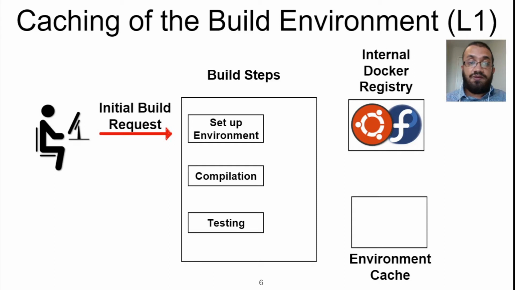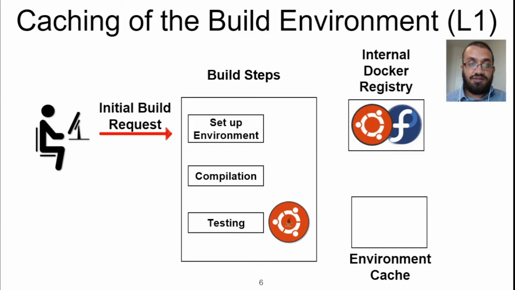When an initial build request is received by Kotinos, it gets an OS image as specified in the CI configuration and installs all the language toolchains and the dependencies required to continue the CI process on this Docker image. And then the subsequent steps of the CI process, such as compilation and testing, are done on this image.